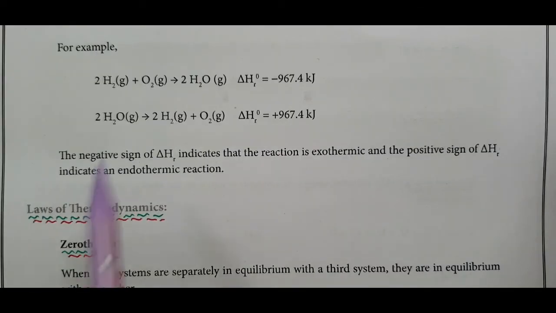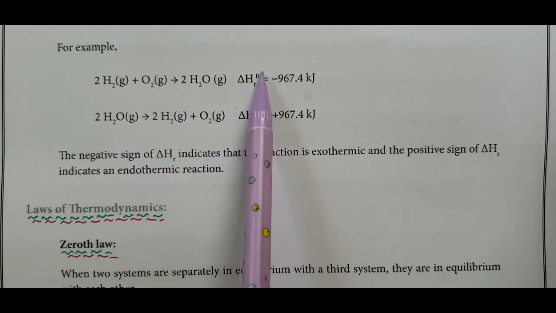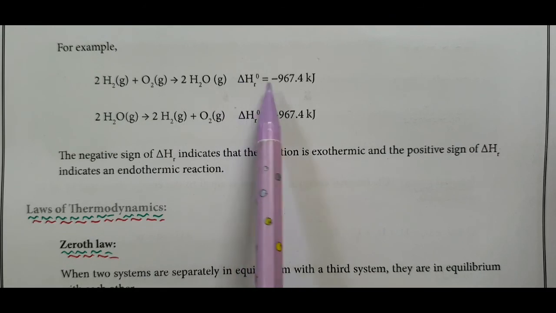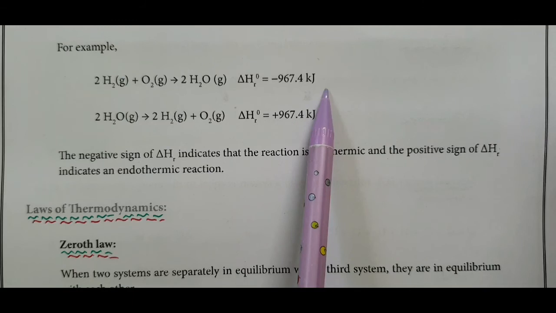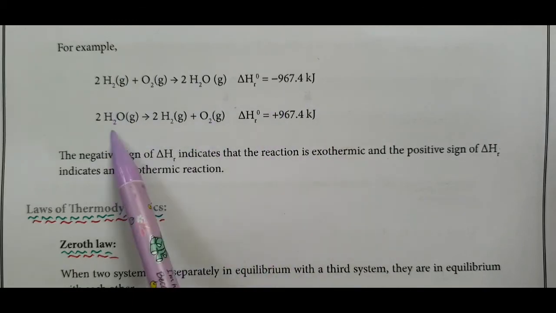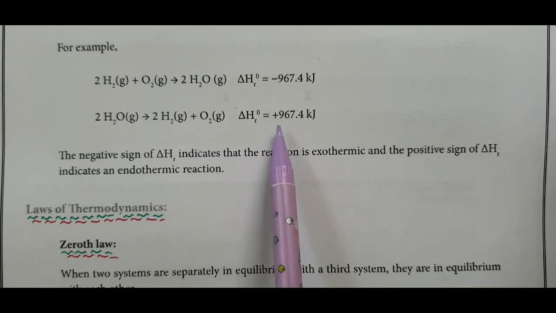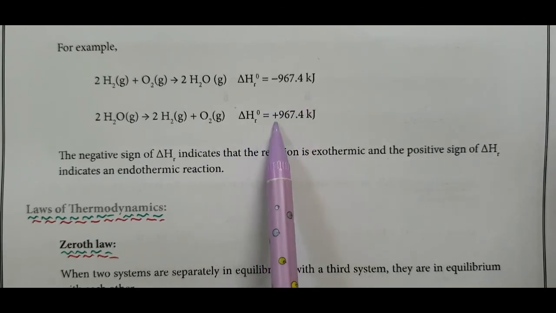For example, 2H2 plus O2 gives 2H2O, delta H naught, standard enthalpy change of the reaction, equal to minus 967.4 kilojoule. If the reaction is reversed, 2H2O gives 2H2 plus O2, there is no change in the magnitude of delta H value.